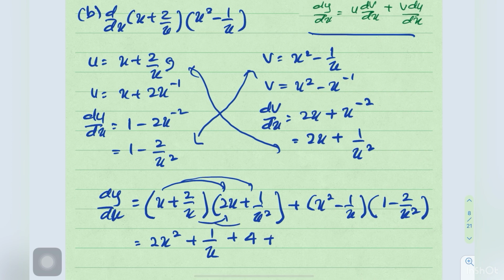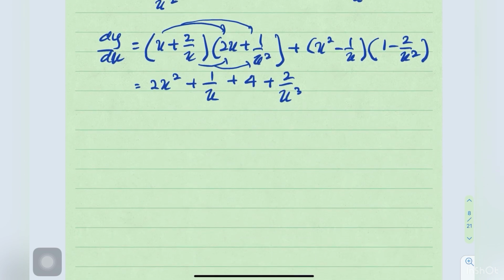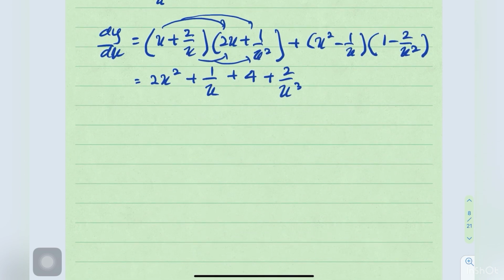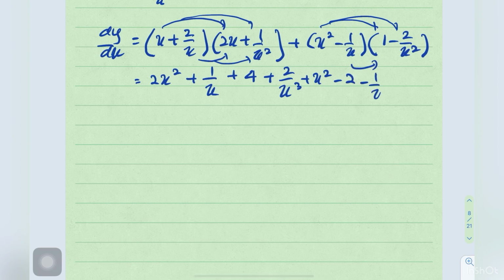Okay, plus this one, 2 over x cubed. Then for this one, expand, plus x squared minus 2 minus 1 over x plus 2 over x cubed.